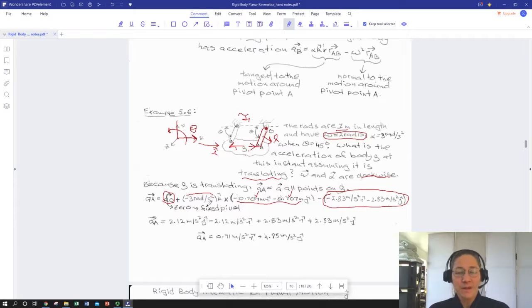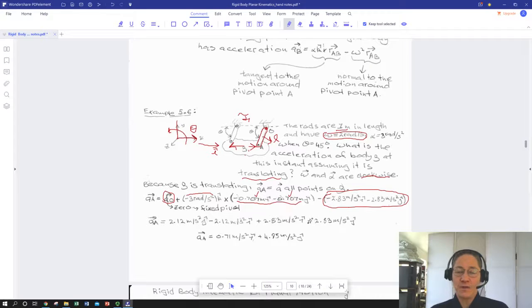So, but okay, we're ready to go. We now have the acceleration of point A on our big suspended rigid body in terms of all numbers and no variables. So all we have to do is do one cross product and combine I terms with I terms and J terms with J terms, watching our signs.